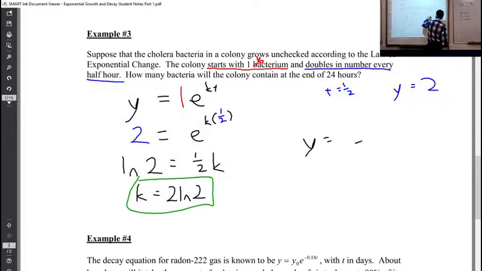So y equals e to the k times t. Our function now is that k is 2 natural log of 2 t.